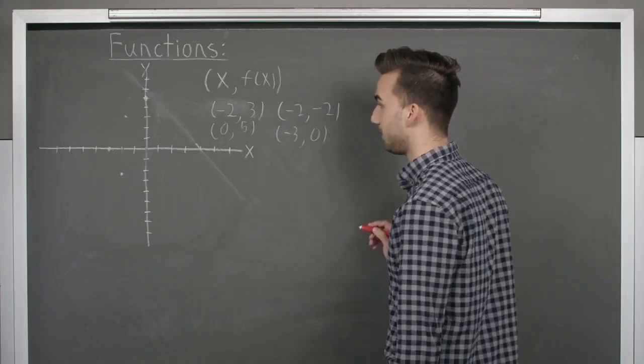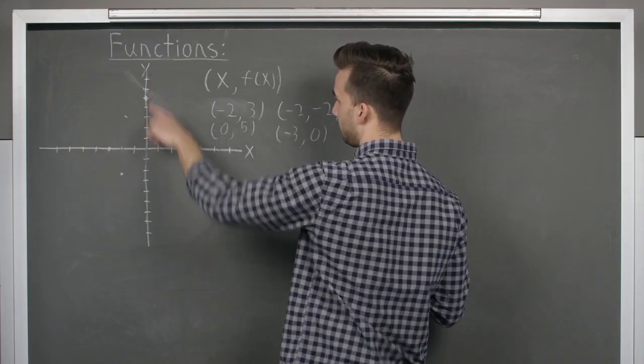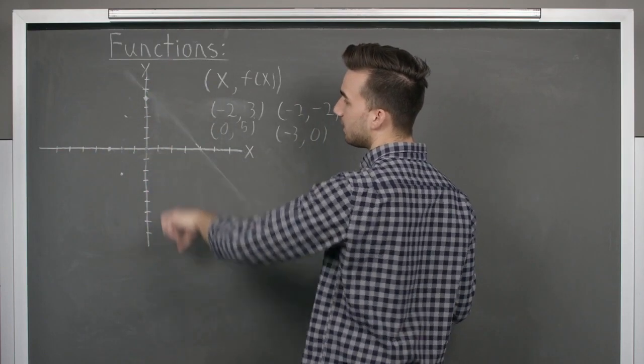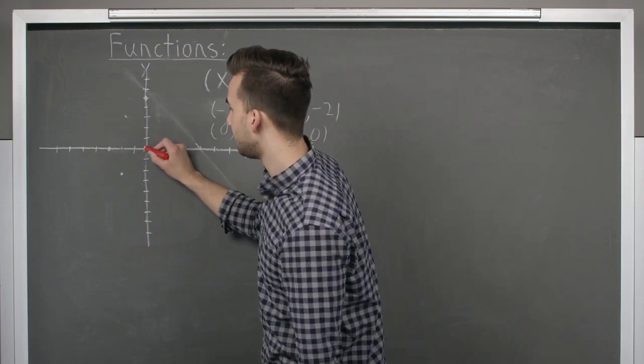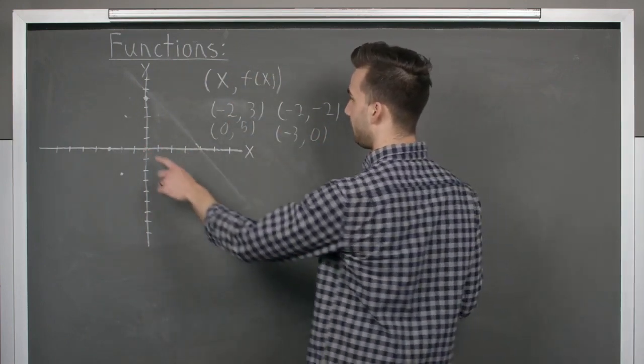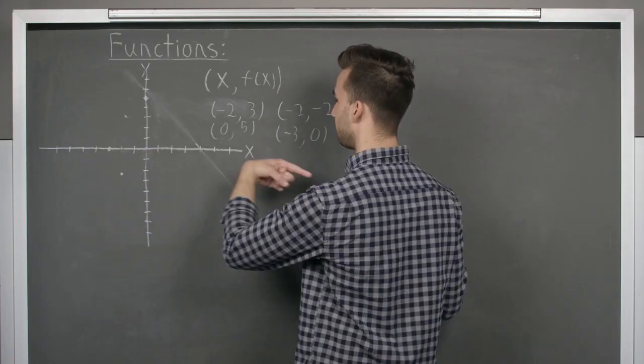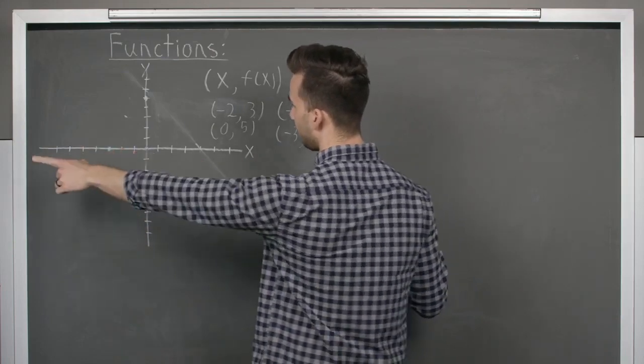Important things to remember, this here is called the x-axis, this one is called the y-axis, and 0 is at the center here. So whenever you're graphing a point, and you have a positive x, you need to move to the right. Negative x, you need to move to the left.